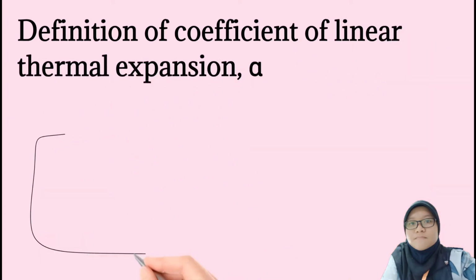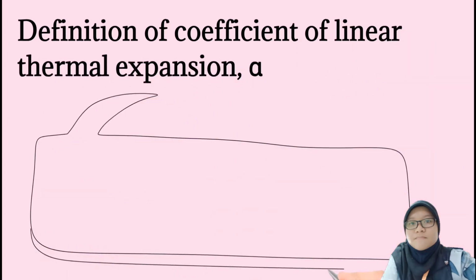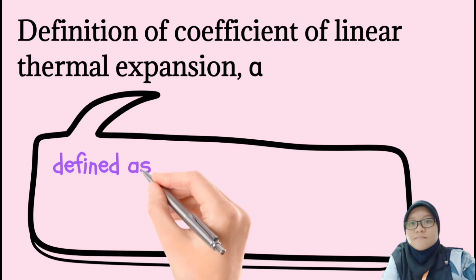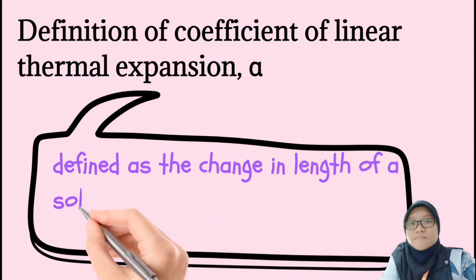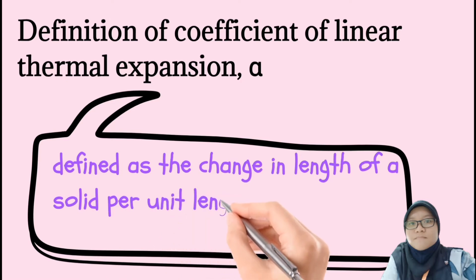Definition of coefficient of linear thermal expansion, alpha. It is defined as the change in length of a solid per unit length per unit rise in temperature.